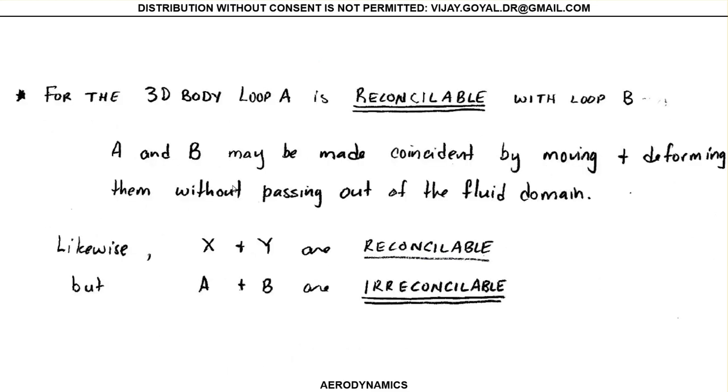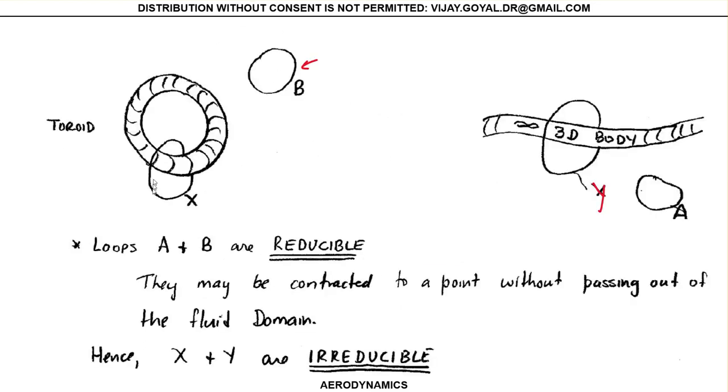Now the other case is, as I told you, X and Y will be reducible, okay? So the same way you can think, I can combine these two, right? This and this can combine each other without affecting this body, right? So think about this. I got this flow here, right?